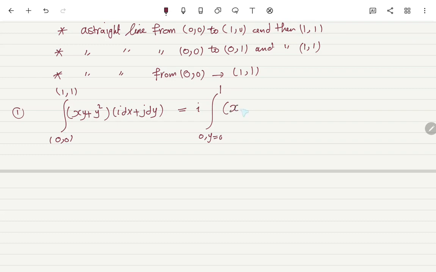The function is xy plus y square dx, plus the second part of the integral, j hat, from 0 with x equal to 1 here, xy plus y square dy.